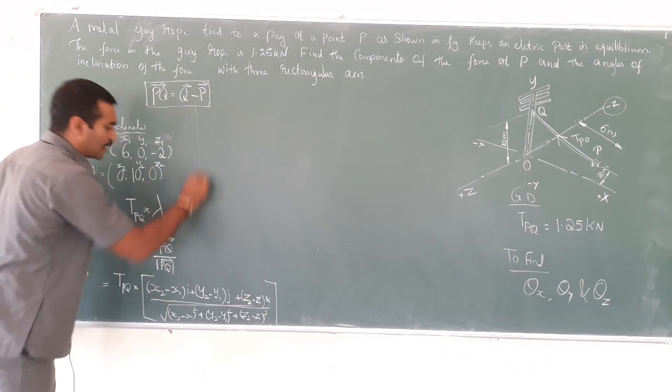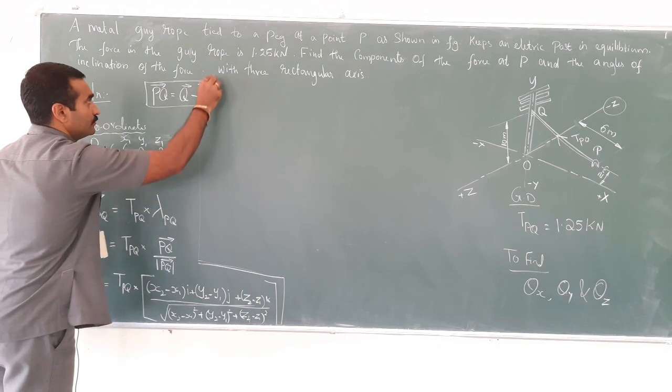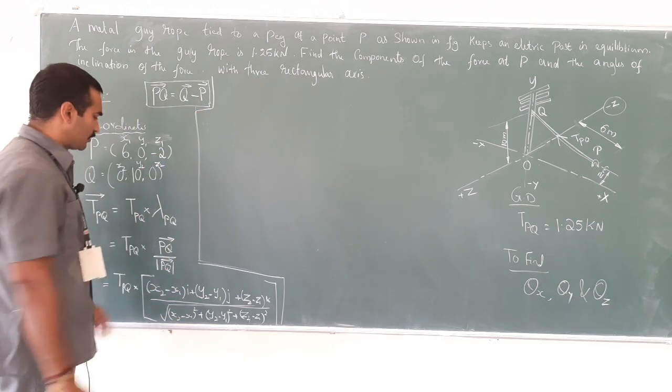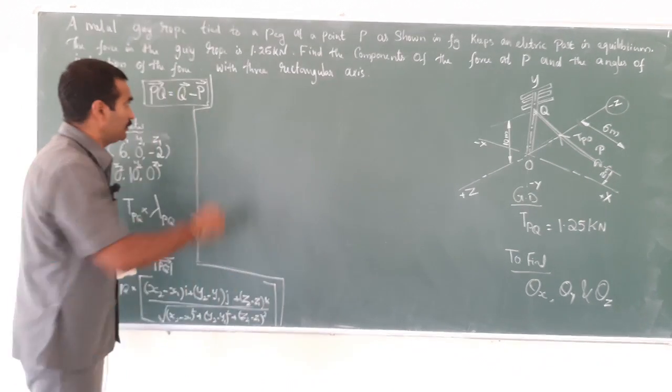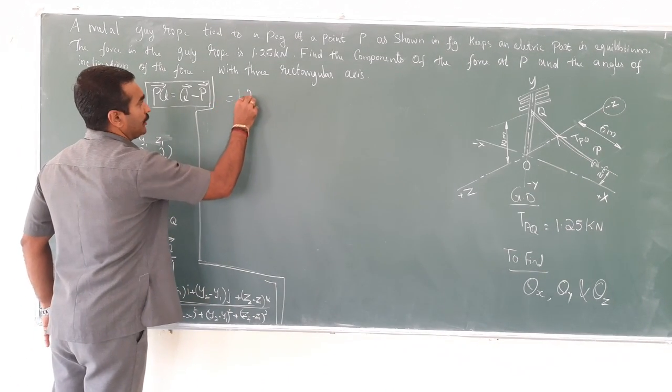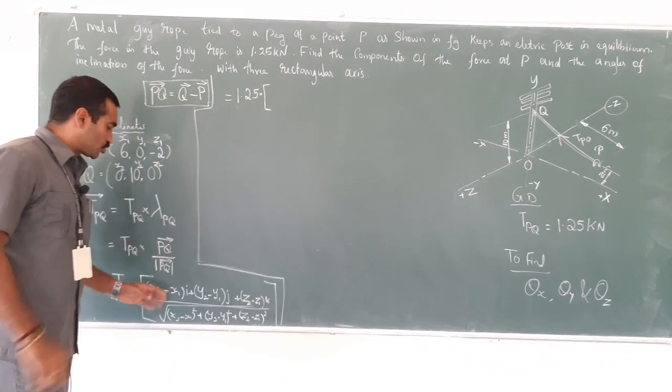Now substitute all these values. TPQ is already given as 1.25 kilonewton, which is equal to 1.25 into, what is the x2 value?